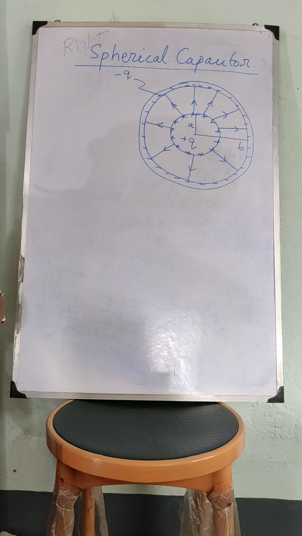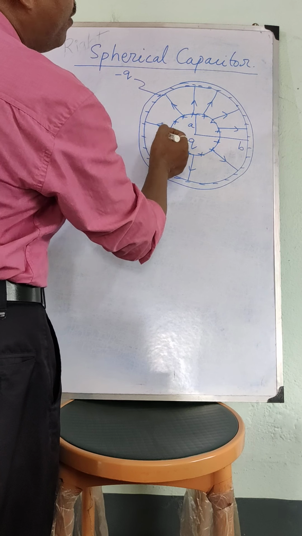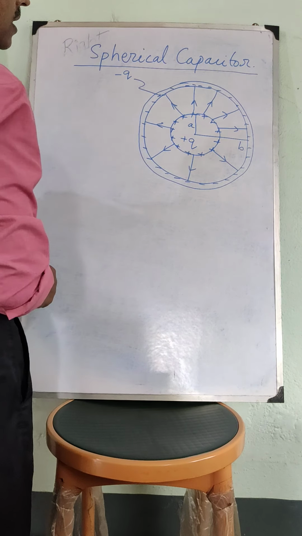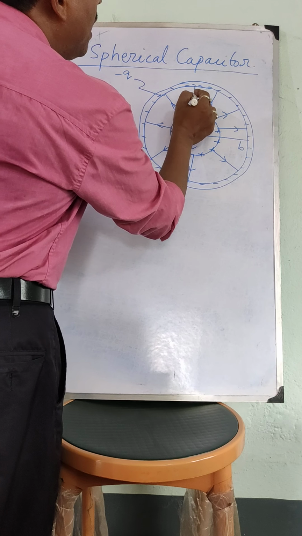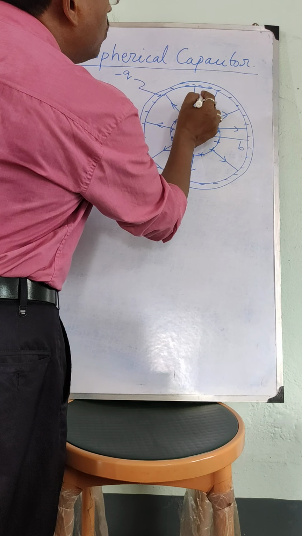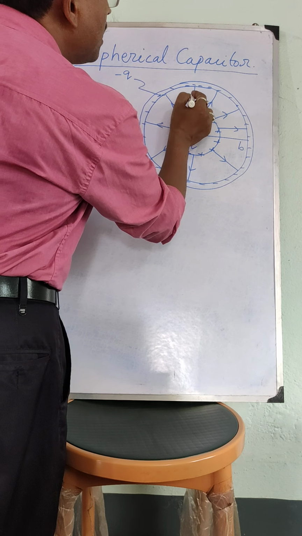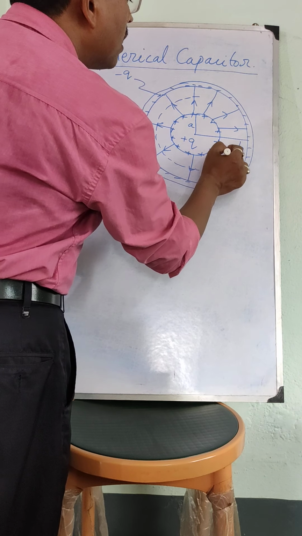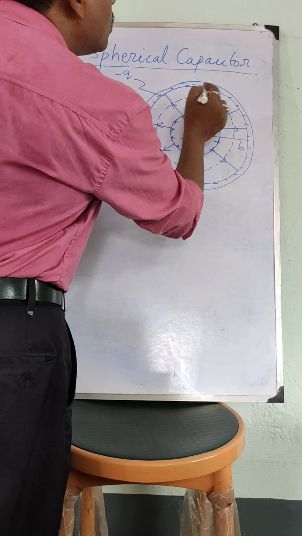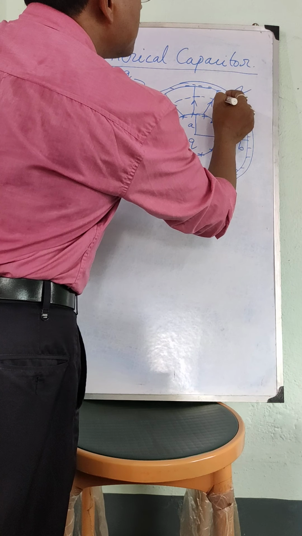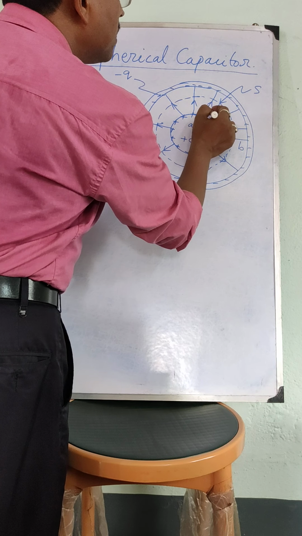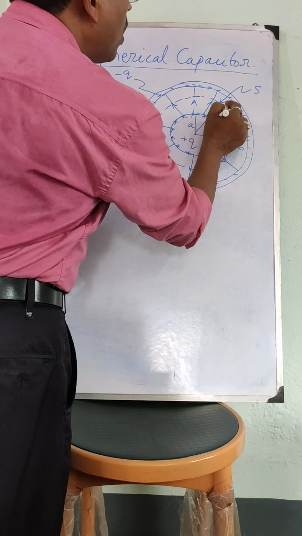Okay. Now we need to calculate the electric field in the region between the two conductors. Now for that we are again considering a Gaussian surface, that is the surface of a sphere of radius r. So this is the Gaussian surface S, and its radius is suppose small r.